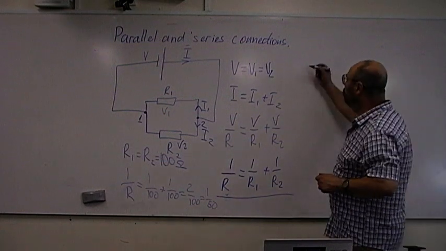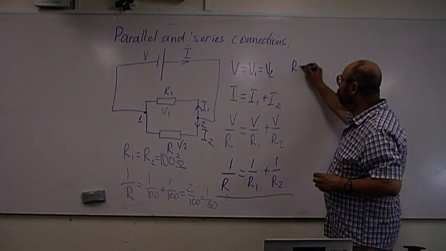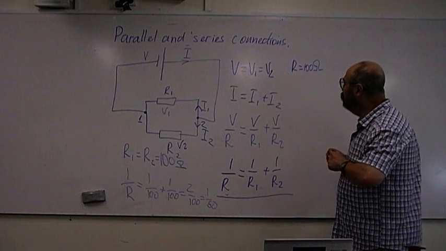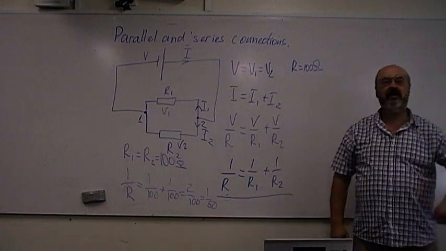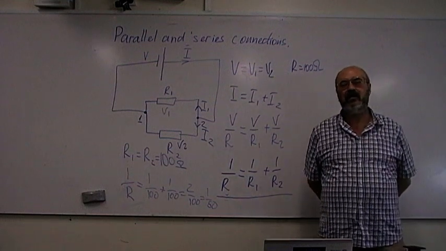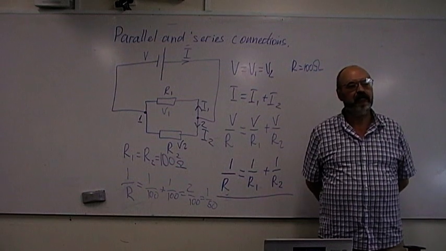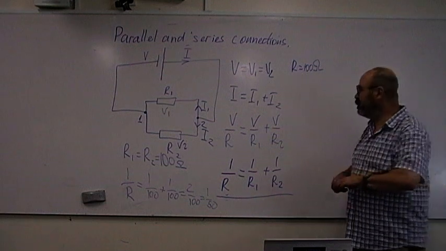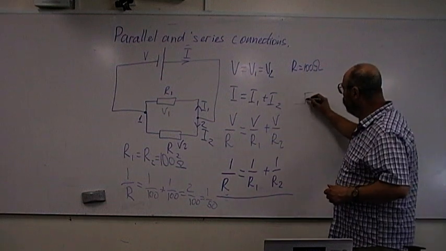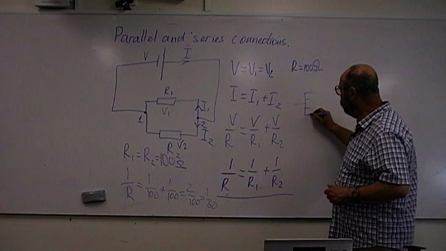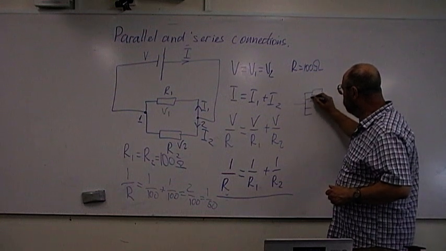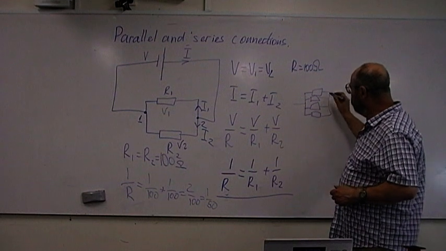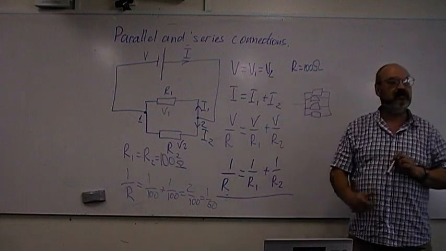What will the total resistance be if we take 4 resistors, each of 100 ohms, and connect all 4 in parallel? 25. Yes, 25.